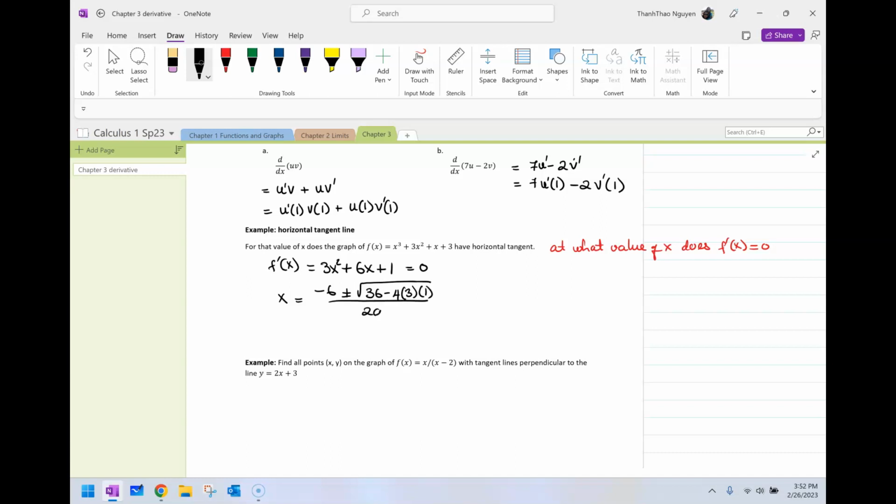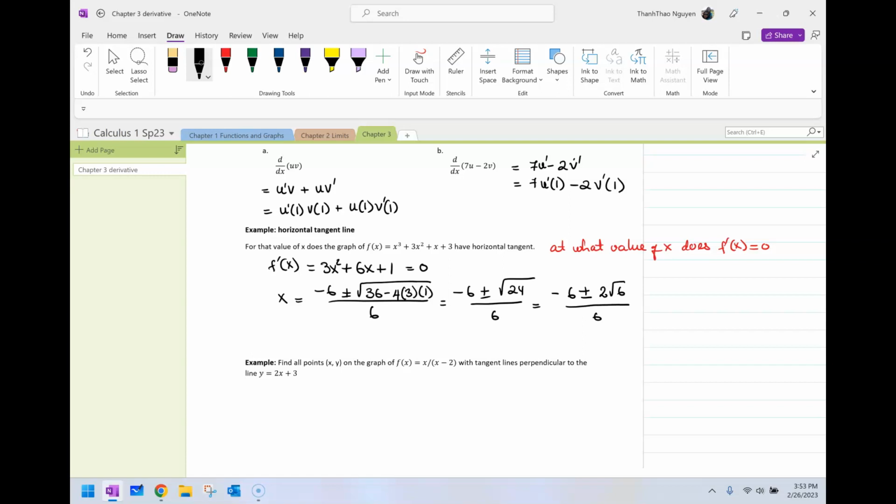Divide by 2a, so 2 times 3 makes 6. Negative 6 plus or minus the square root of 36 minus 12, that is 24. Divided by 6. This is negative 6 plus or minus the square root of 24, which is 4 times 6, so 2 root 6, divided by 6.